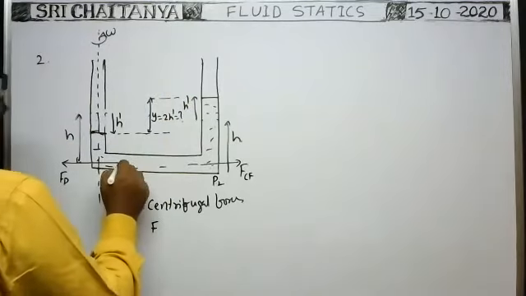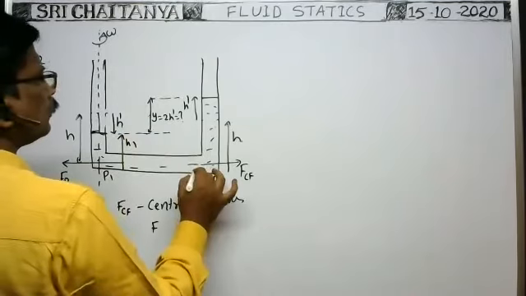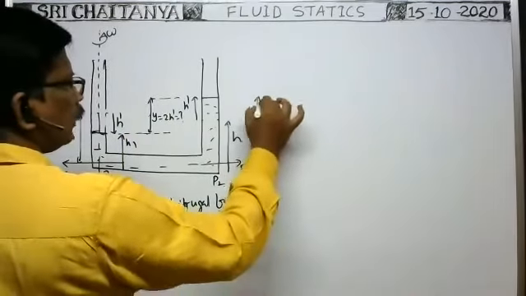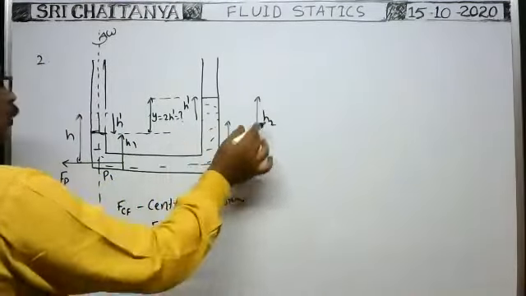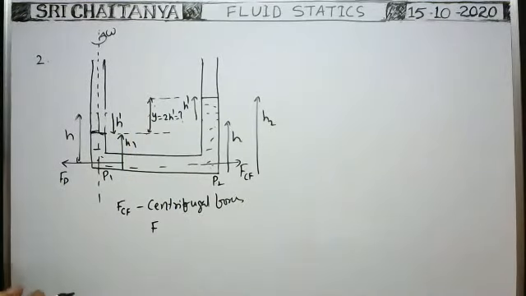Suppose this is h1 and this is h2, then h2 minus h1 is equal to y, which is equal to 2h dash.